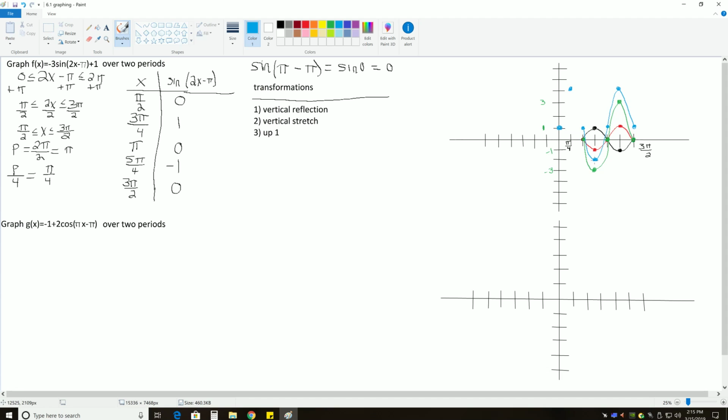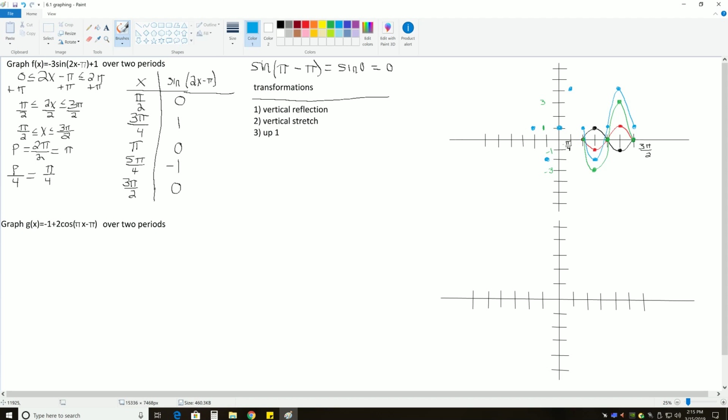This valley will move 4 to the left. 1, 2, 3, 4. And finally, this last point on the left will move 4 to the left.